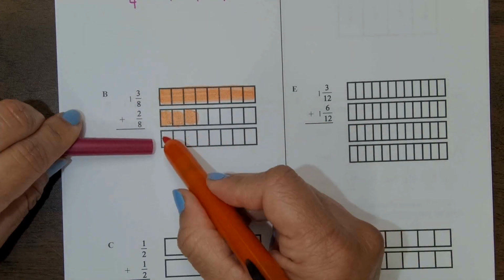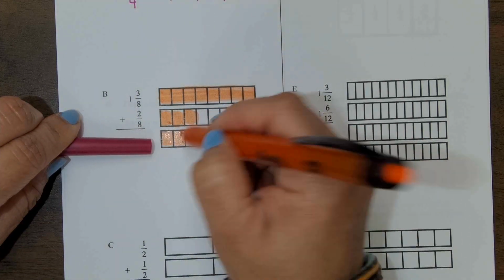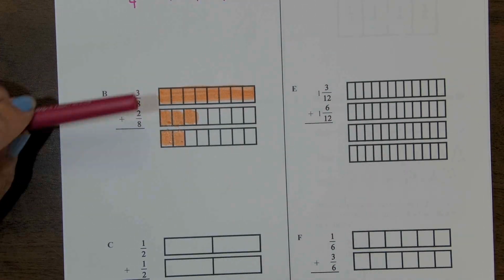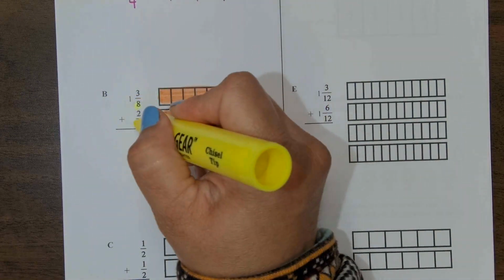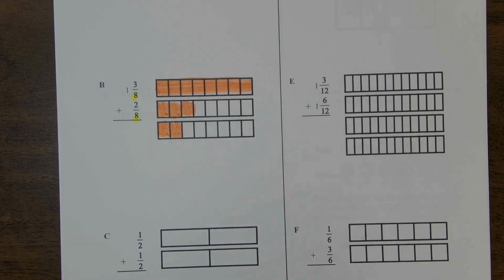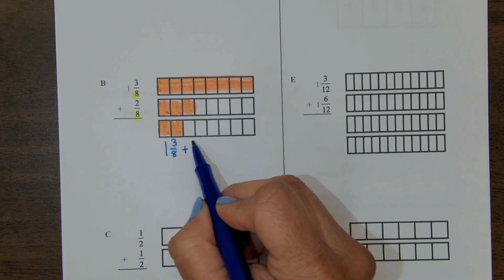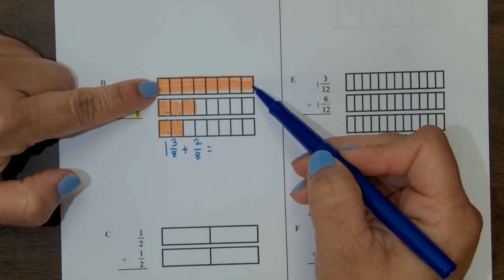So in my third fraction bar, I'm going to shade in 2. And again, what is my denominator? My denominator is 8, and my denominator stays the same. So let's go ahead and write 1 and 3/8 plus 2 over 8 equals, well, we have 1 whole.